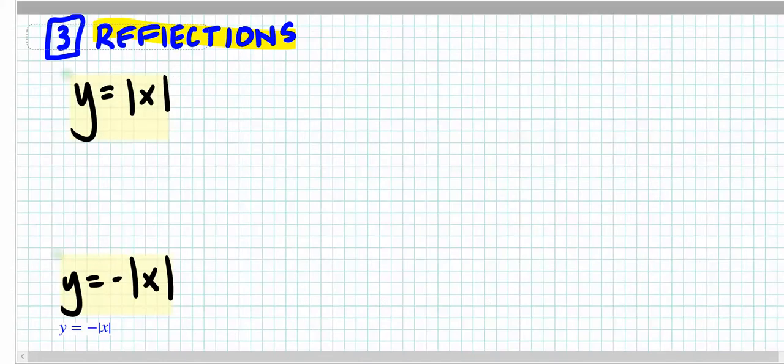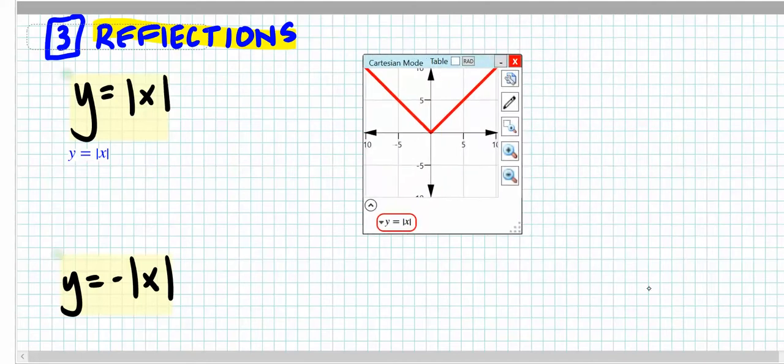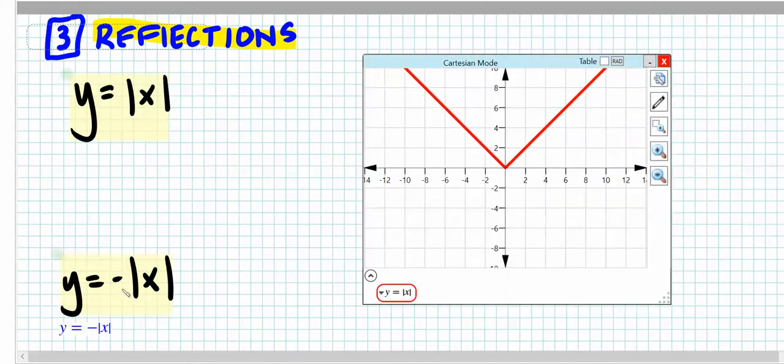Box number 3 is all about reflections. Here, I'm going to graph the original absolute value of x, and then I'm going to graph the negative absolute value of x. Notice what happens to the graph. It's been reflected over the x-axis. Every single point on my graph has been reflected over the x-axis.